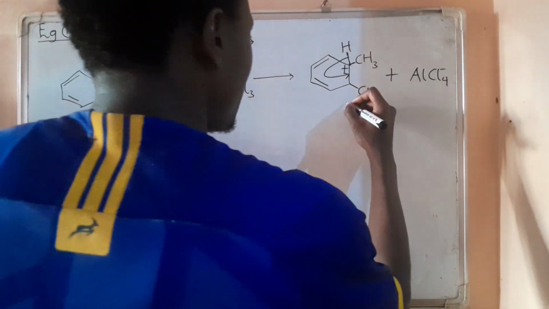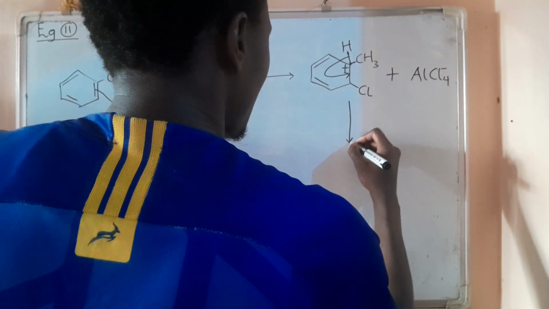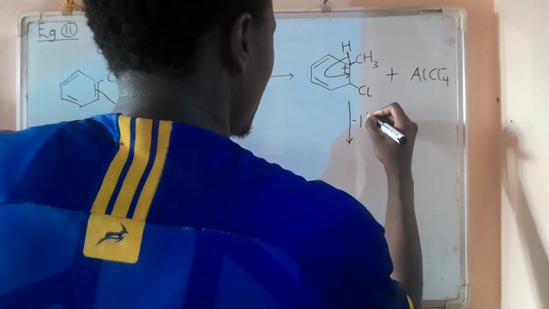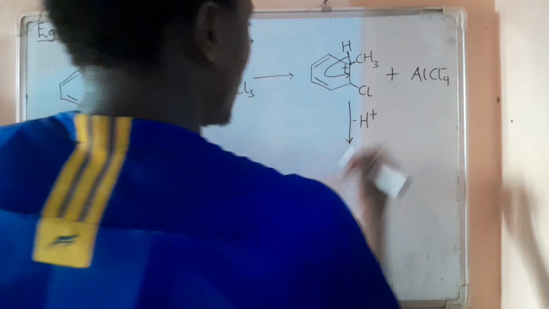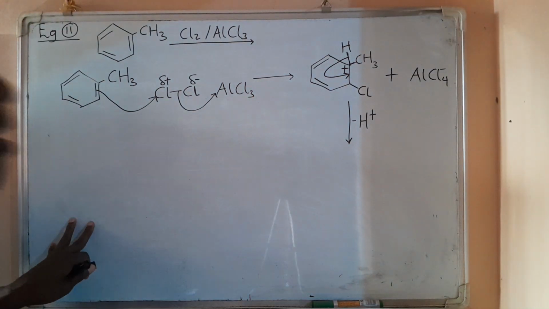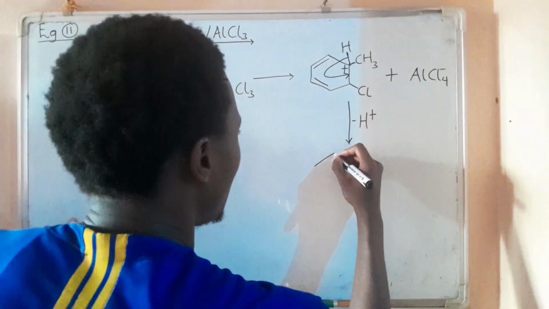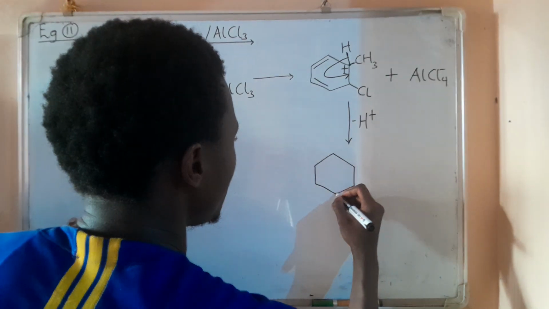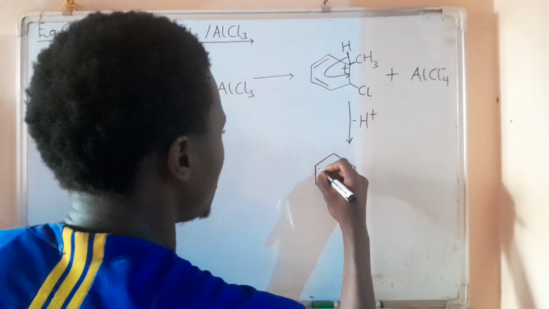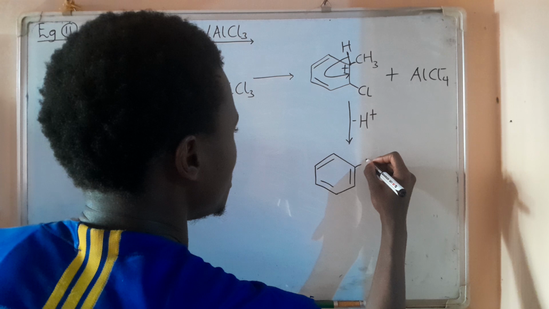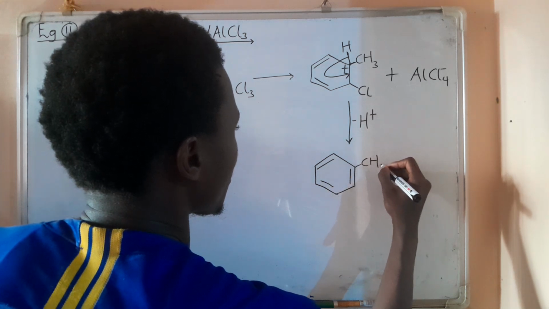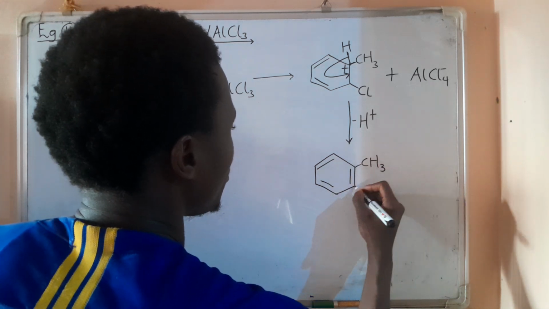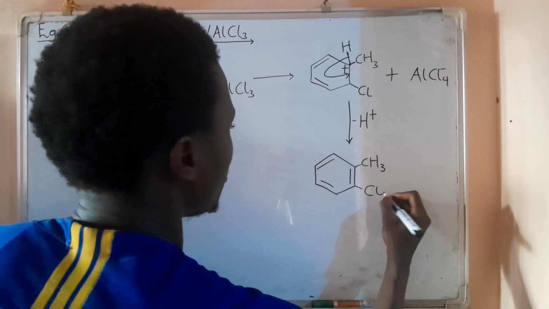So we lose a proton, a hydrogen ion, as we form substituted methylbenzene. This is what we form: CH3 up, Cl down.